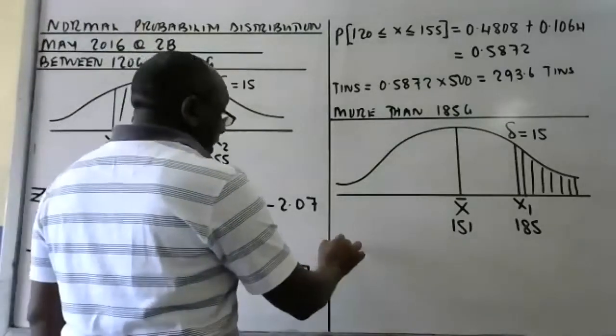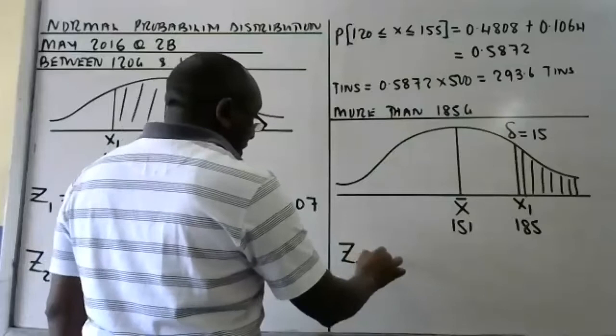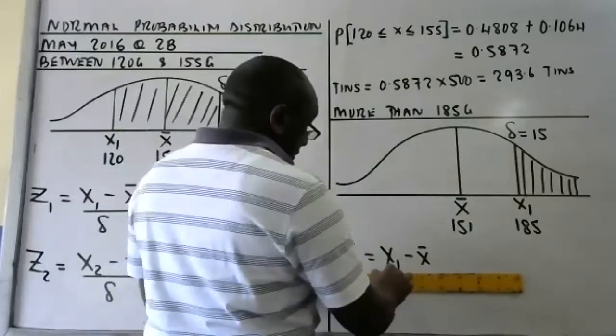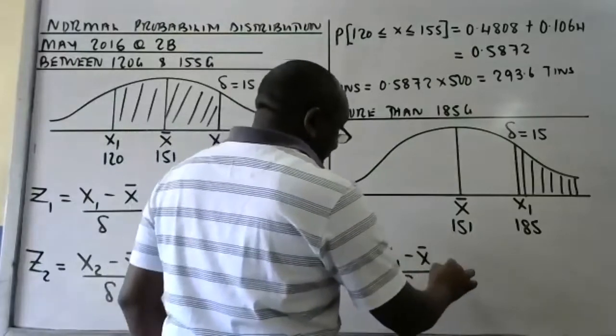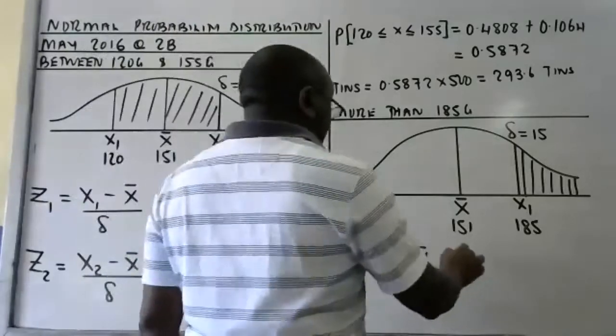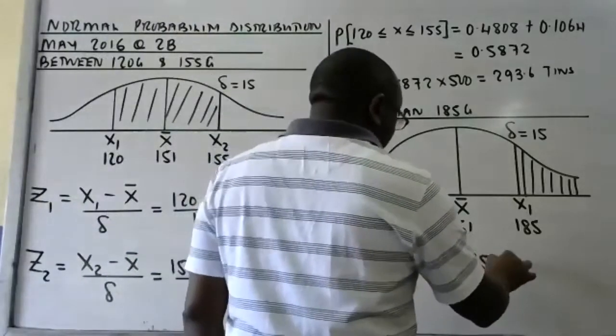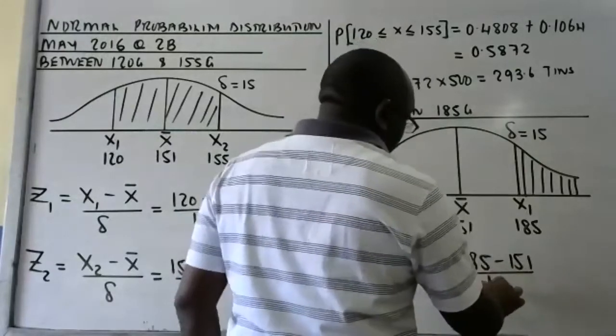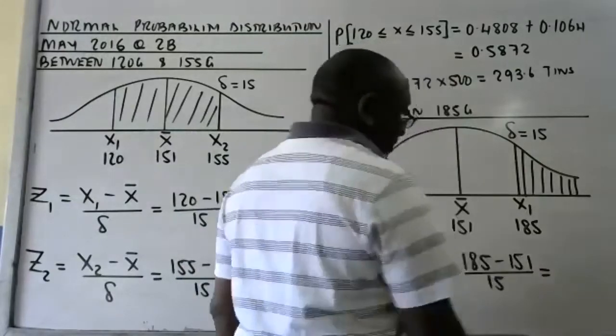So we then get Z1 as X1 minus X bar. We divide by standard deviation. And this becomes 185 minus 151. You divide by 15.